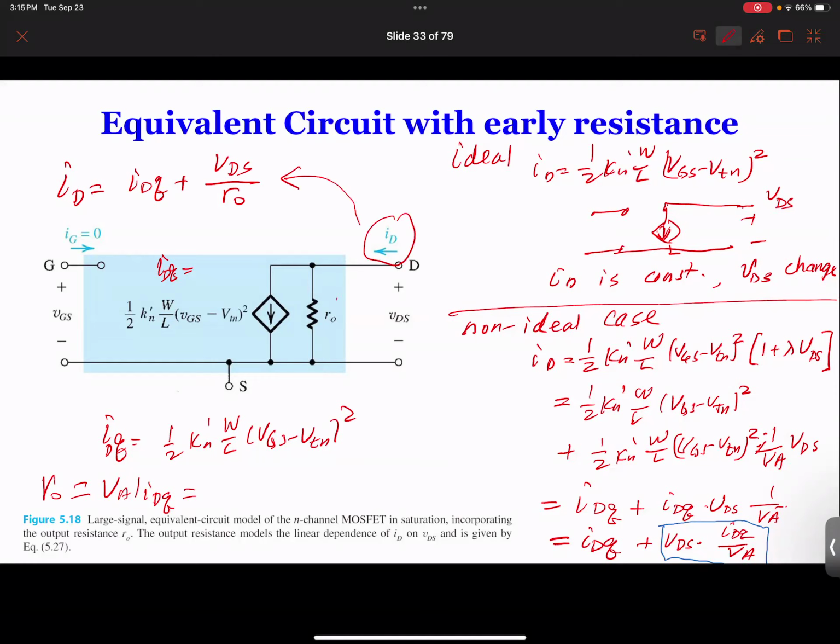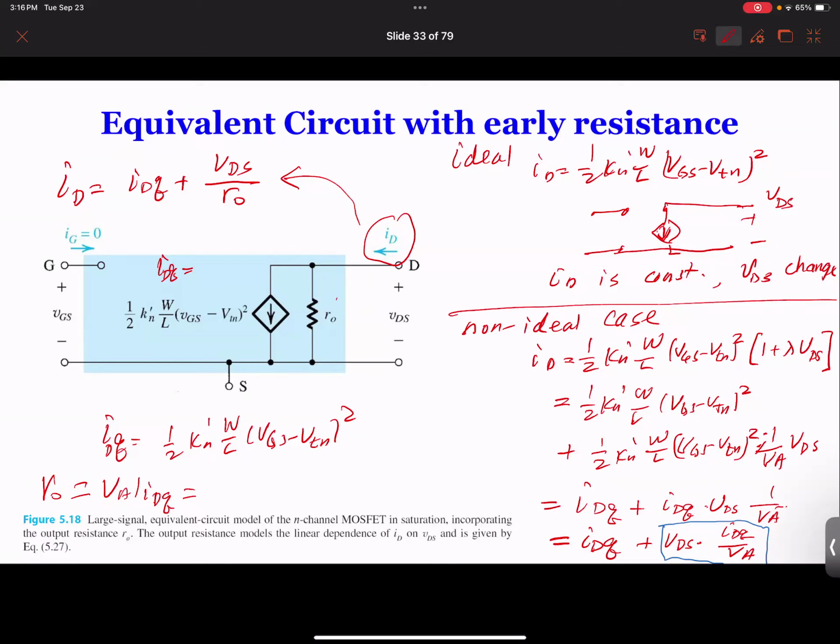So this is why you have this RO in that expression. ID in that circuit is equal to two components. One component is IDQ, which is the constant term in the saturation region, plus another current which flows through RO. That RO definition is VA over IDQ. So in order to find RO, we have to know the early voltage and also IDQ, the operating current.